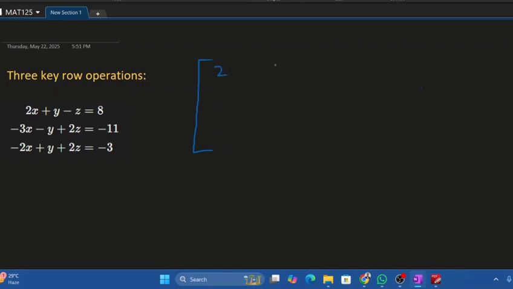So we can write 2, 1, minus 1, 8. We are just replacing the constants and the coefficients. Then minus 3, minus 1, 2, and minus 11, and then minus 2, 1, 2, and minus 3. So this is the augmented matrix that we need to operate Gaussian elimination.